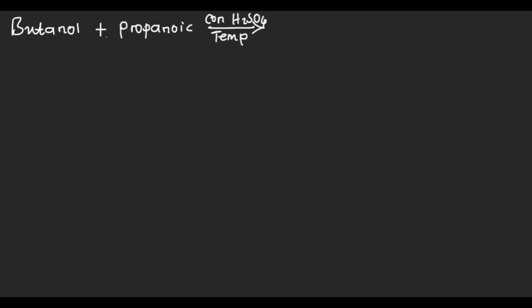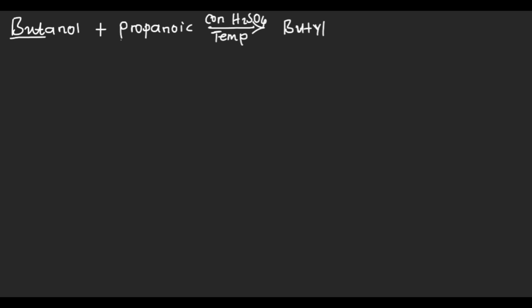Now let's first begin by naming the structure of this compound, which is an ester. So we said from the alcohol part we just get the prefix, which is but. Then we add YL, so this becomes the alkyl butyl.